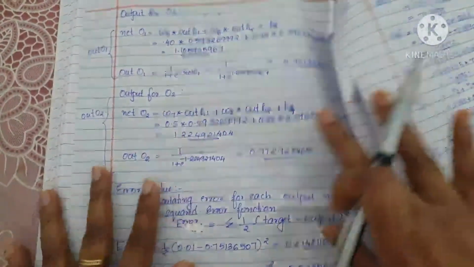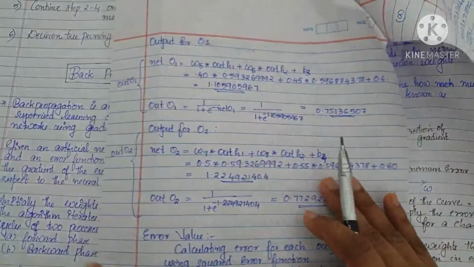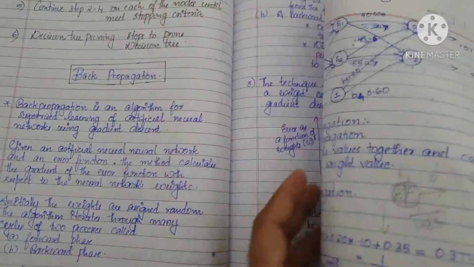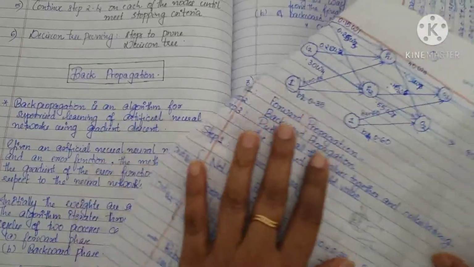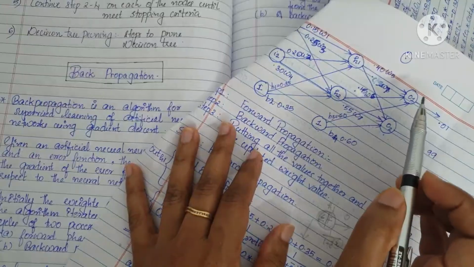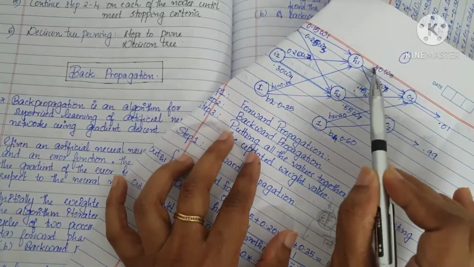So next one is the output for O1. We have to calculate the output for O1. So how to calculate the output for O1? See here. O1 is getting the inputs from H1 and its corresponding weight.